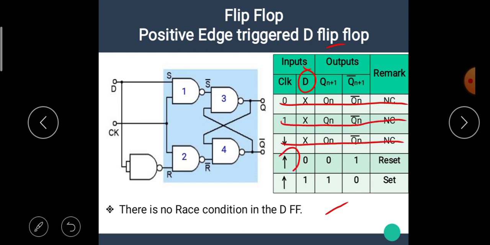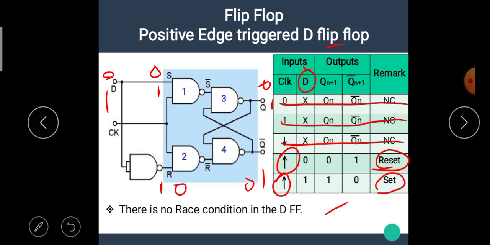When the first rising edge occurs, D has the value 0, meaning S has the value 0 and R has the value 1. Then we get the reset condition 0 1. When the second rising edge occurs, D becomes 1, that means S becomes 1 and R becomes 0. Hence we get the 1 0 condition.